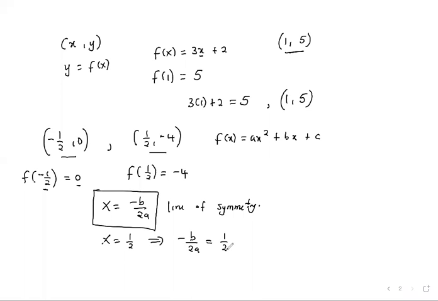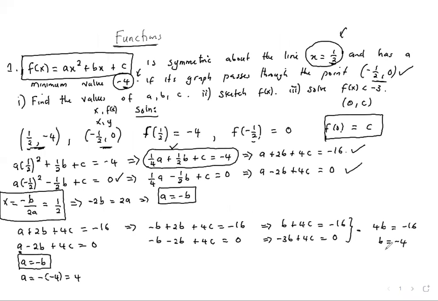You can do anything to this. You cross multiply, you get negative 2b is equal to a. Divide by 2, you get that a is equal to negative b. Because you have a is equal to negative b, which is this equation now.